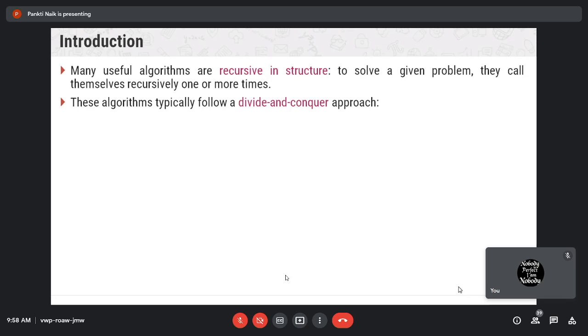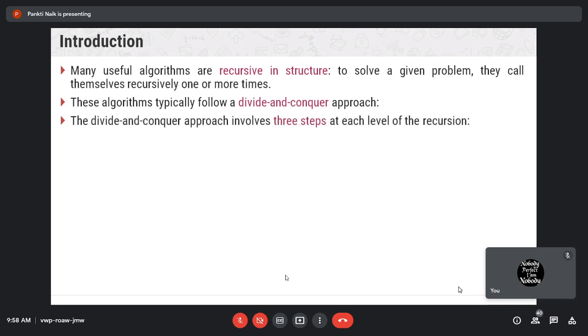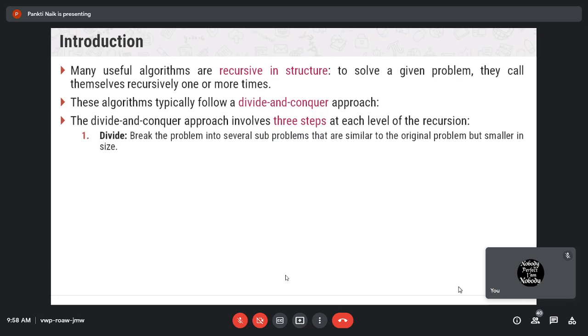So that is a recursive function. Now these algorithms normally follow the divide and conquer strategy or approach. As I already told you, the divide and conquer approach follows three steps. First step is divide. So what will happen in it?